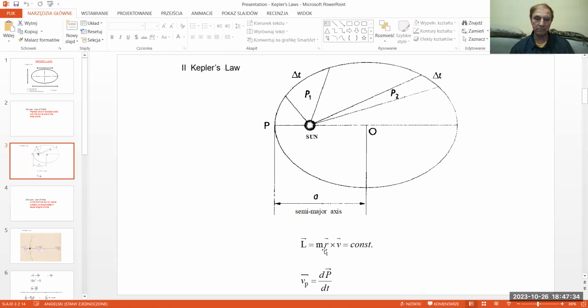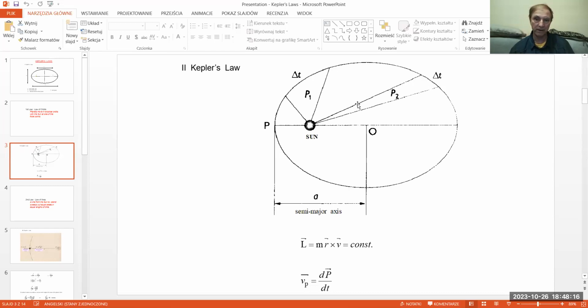The radius, understood as a vector, and the velocity, understood as a vector, change. For example, if the planet is over here, the radius is like this, and the velocity is, say, v prime. The radius r prime, velocity v prime. Now, the final position of the planet is over here.